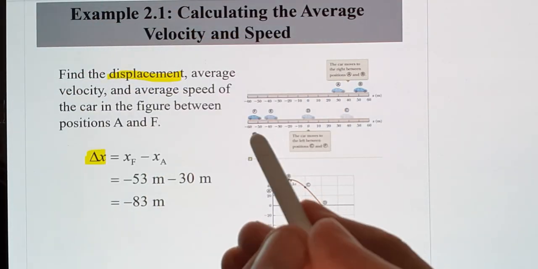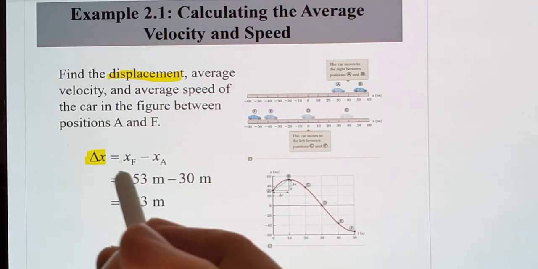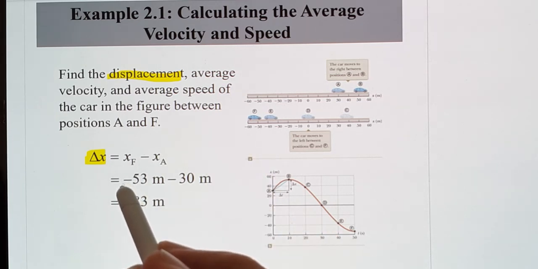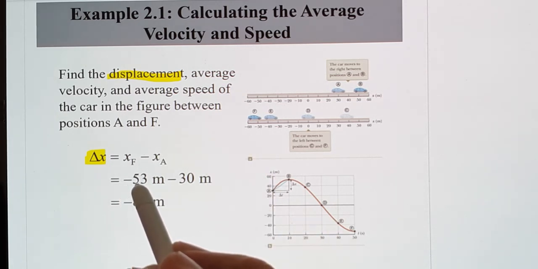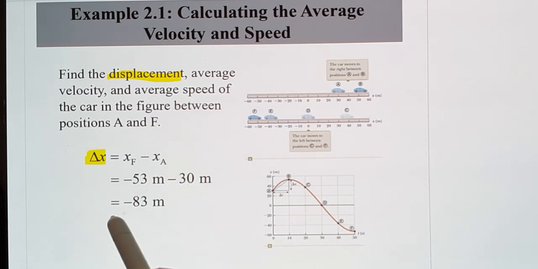It's the final position, x final minus x initial. So the final position is minus 53 minus 30. So that's minus 83. Clear?